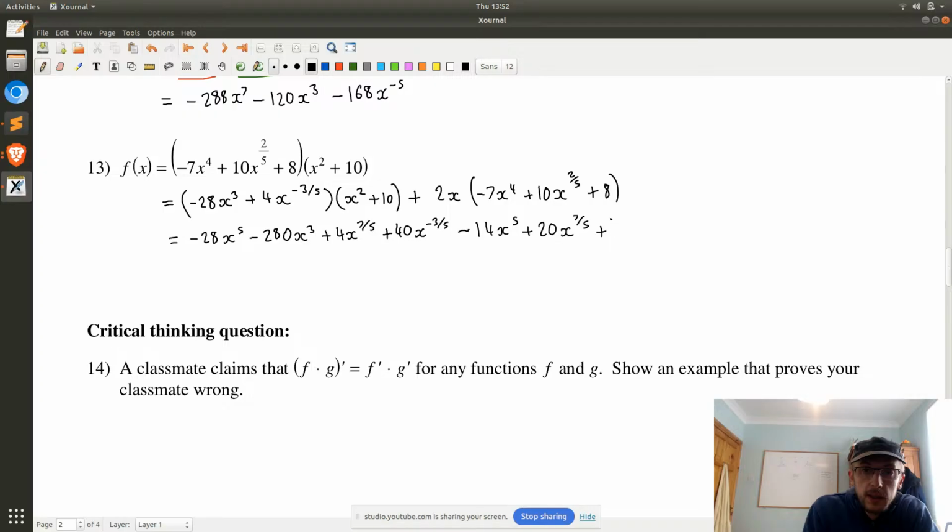Oh, I nearly got it. Okay. There and there. So we get negative 42x to the 5. The cubic term. Seven fifths.